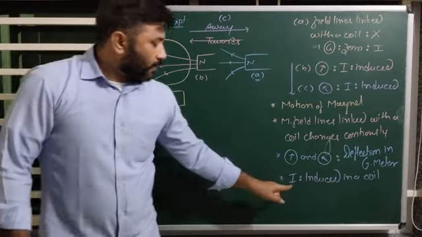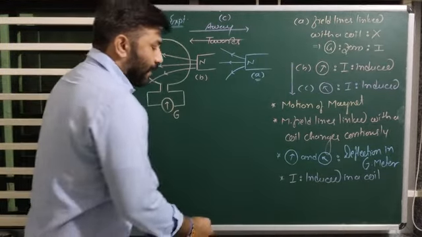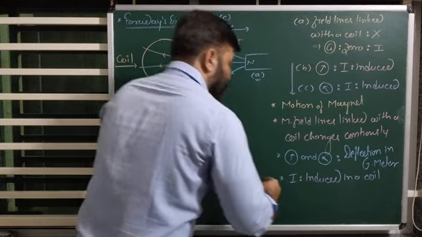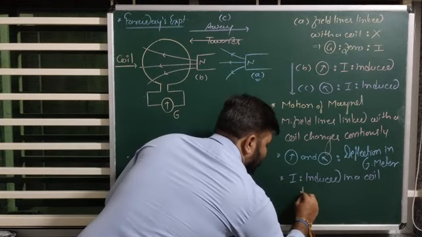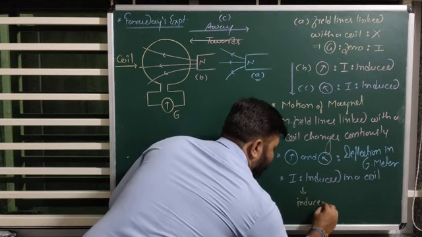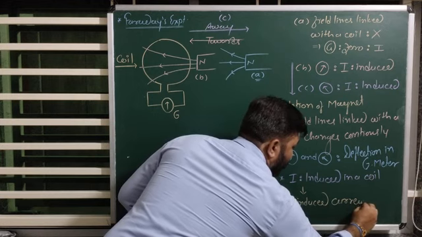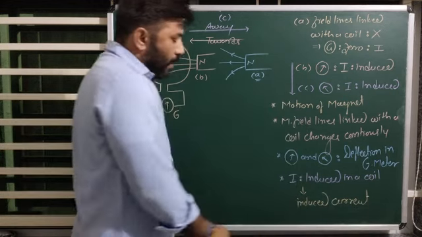Clear? So the electric current which is induced in a coil is known as induced current. Clear?